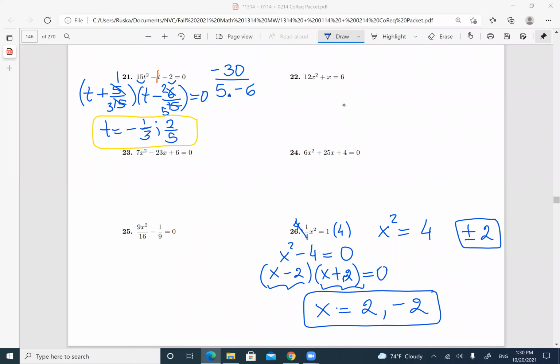25, yeah, let's do 25. Okay, so for 25, you have to get rid of the fraction first. So what is the common denominator for 16 and 9? Let me show you a method to find the common denominator if you don't just look at it and tell what it is.